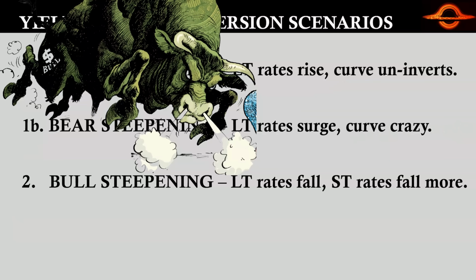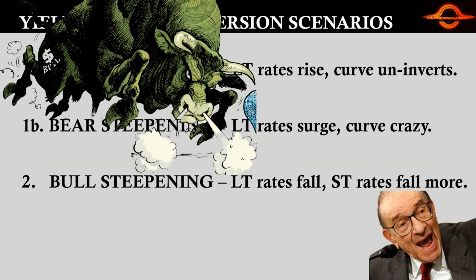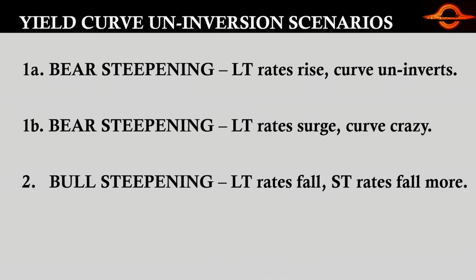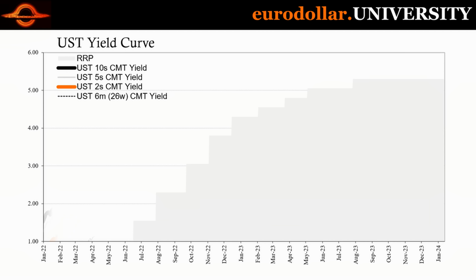If safety and liquidity are going to be in high demand, both long-run and short-run instruments, safety and liquidity are being prioritized because safety and liquidity are the big issues here. So bull steepening, we usually see that around when we get into the recessionary periods. And we'll go through some historical examples in just a moment.